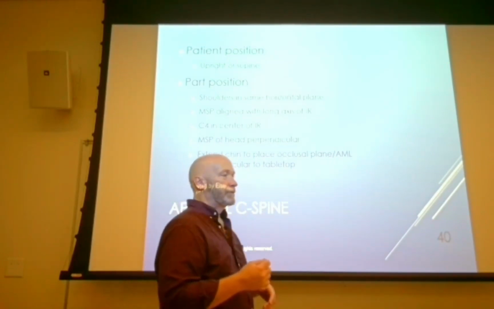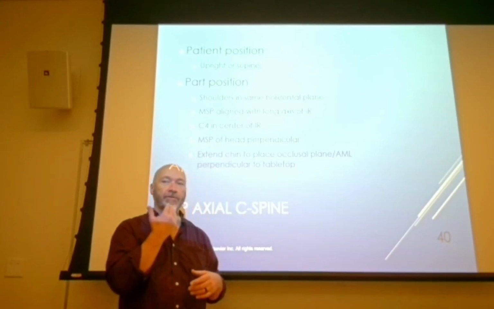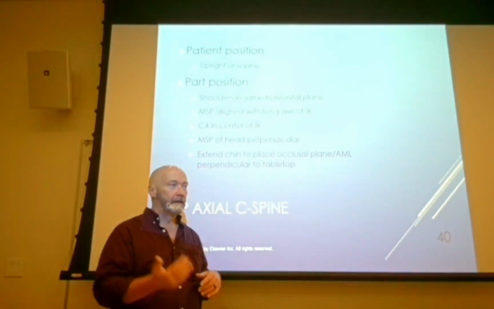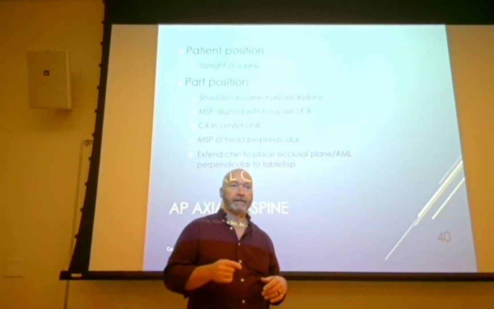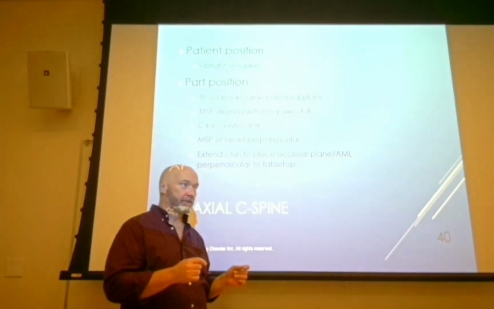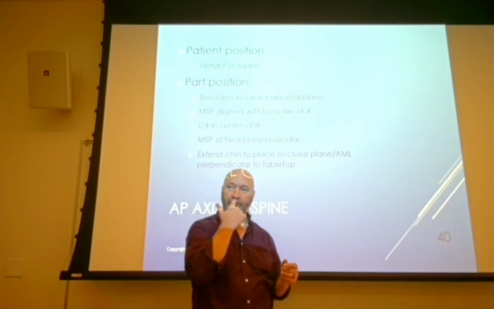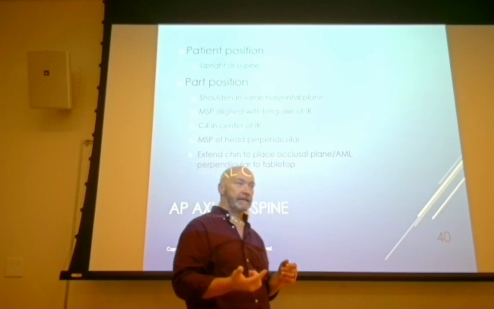The other thing we're going to try to do is minimize the amount of superimposition that your chin or the base of your skull is going to put on the upper portion of the C-spine. So the key to C-spine positioning in a practical sense is to take a line that goes from right where your nose attaches to your lip. That's what we call the acanthion.